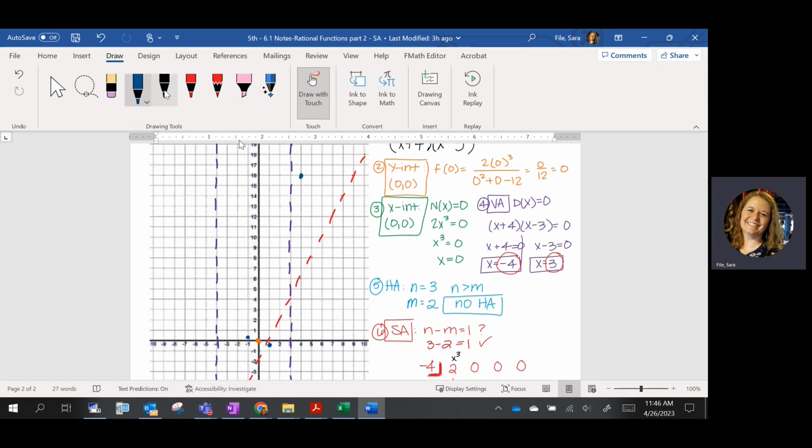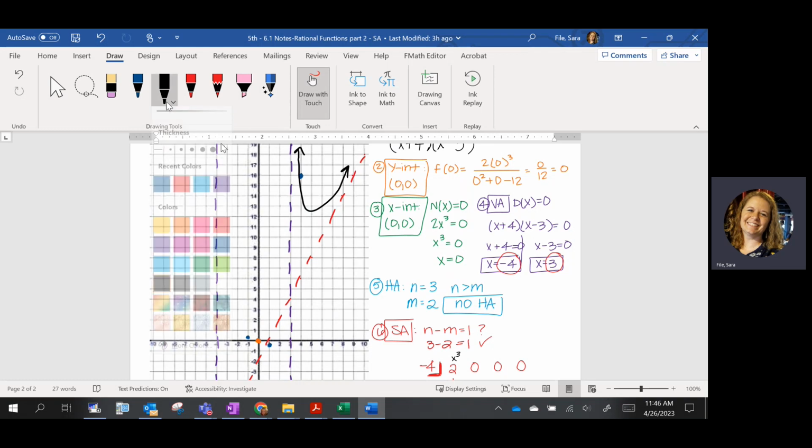Okay, so that one tells me over here to the right of this vertical asymptote, my graph exists up here. So again, it's guided by the vertical and slant asymptote.